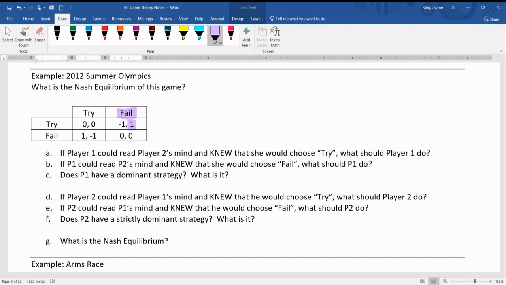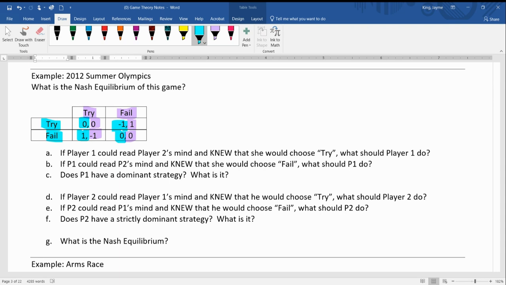This team down here gets the positive outcome because they successfully failed. And if they both are trying to fail the game, that'll be funny to watch, but it doesn't really make a difference because it's again luck of who's going to succeed. All right, so here's my color coding.